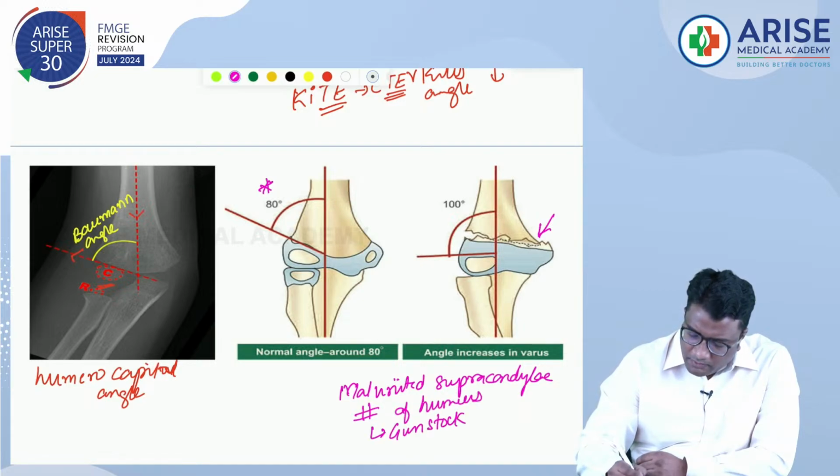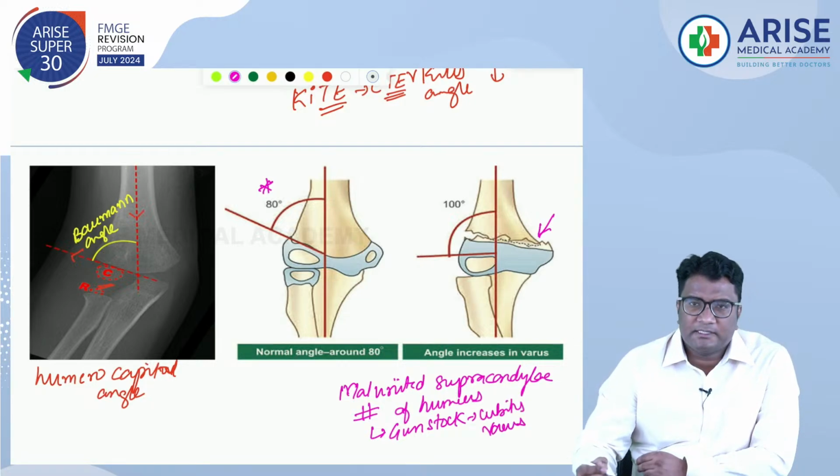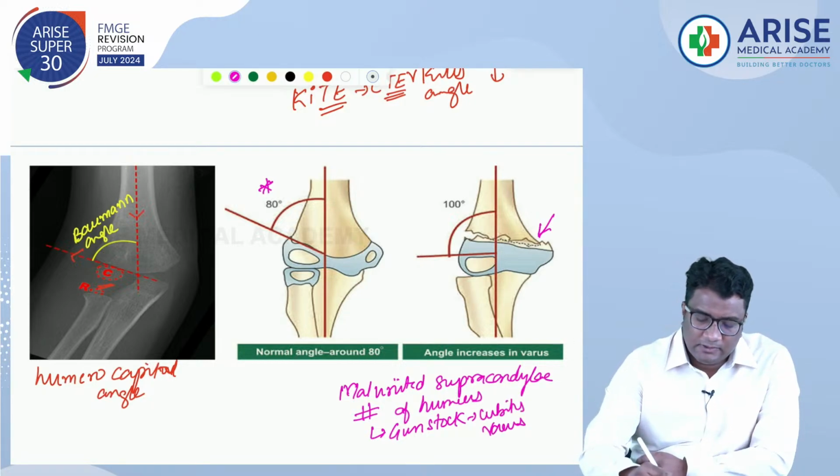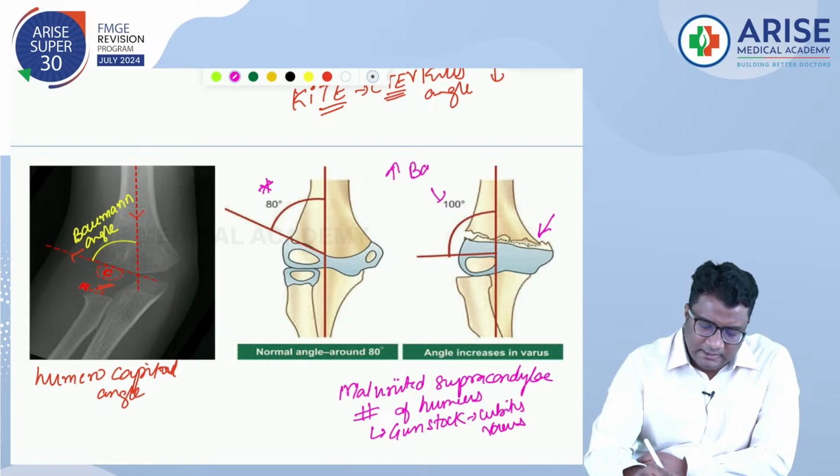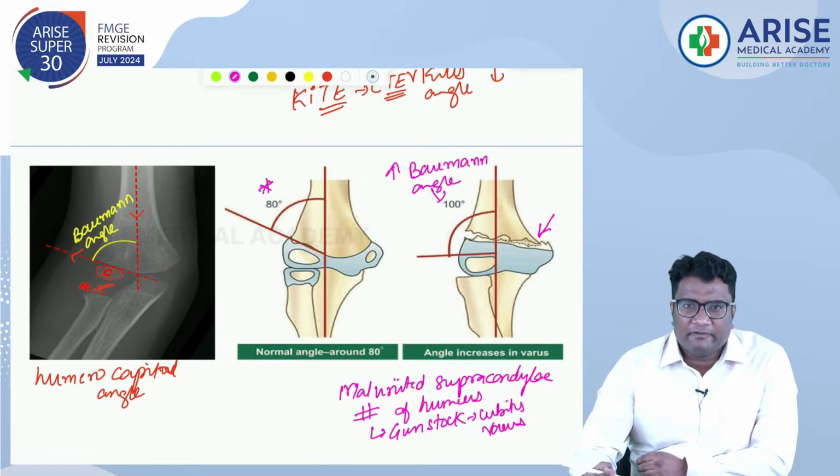Gunstock deformity, the cubitus varus. So when we have cubitus varus, the Baumann's angle will increase. So increase in Baumann's angle is suggestive of malunited supracondylar fracture or cubitus varus. So Baumann's angle is for supracondylar fracture of humerus.